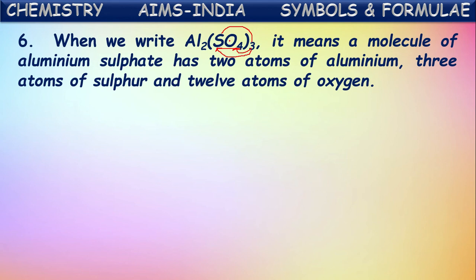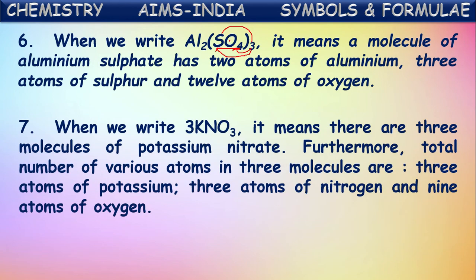Okay, and if you see one more example, when we write 3KNO3, this 3, which is written at the front side of the molecular formula, will be applicable for all the atoms present in the molecule. So this 3 applies to potassium, to nitrogen, and the same 3 applies to oxygen also.